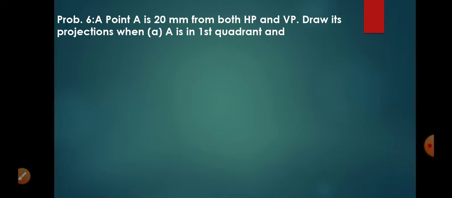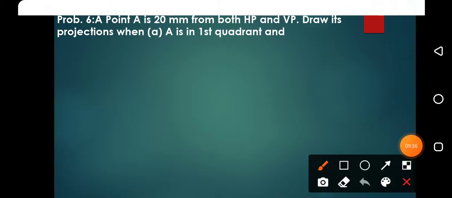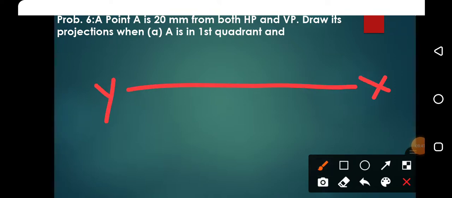So, in the first quadrant, how is the projection? See here, this is the XY line, sorry, I mentioned this is X, this is Y. What they said is 20 mm. You should remember the first quadrant condition before solving the problem.